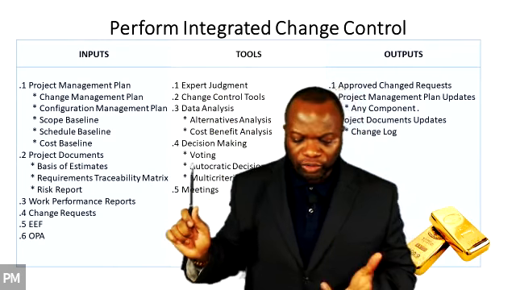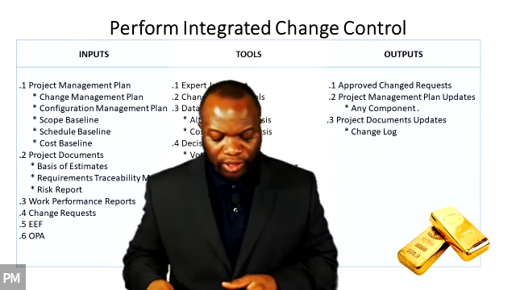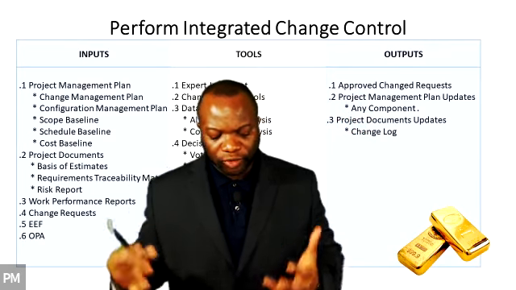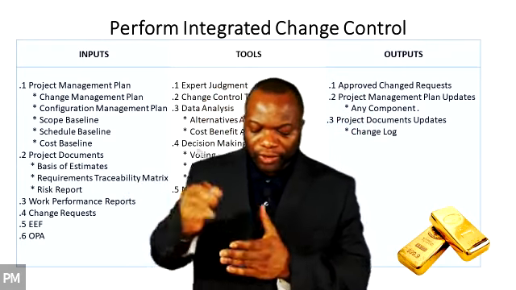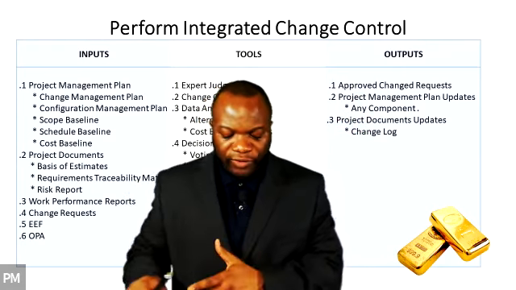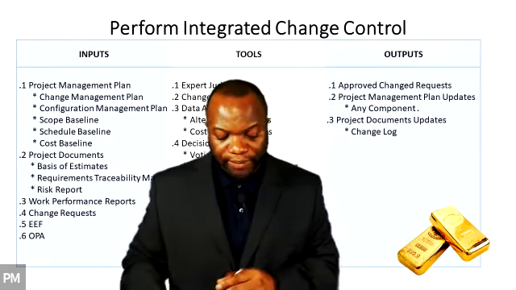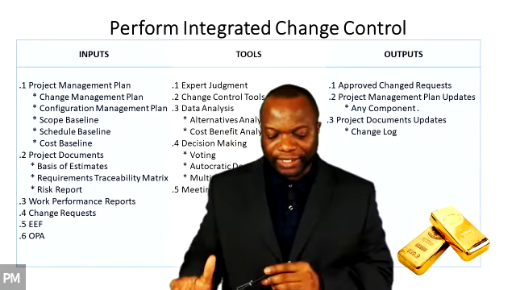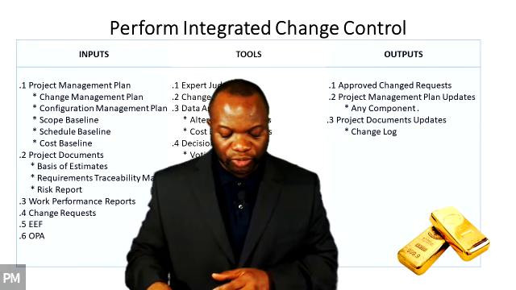So you could vote in the change control board using unanimity. Unanimity means everyone must agree. Majority means, I beg your pardon, at least over 50%, greater than 50%. We call that majority. Okay, if it's less than 50%, but it's the biggest block in the group, we call it plurality.